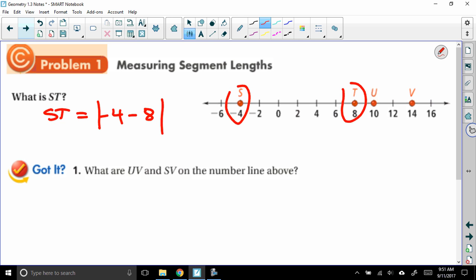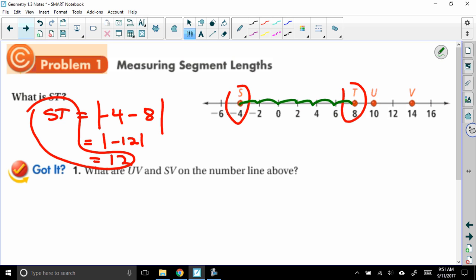So the absolute value of the difference between -4 and 8 would be the absolute value of -12, or 12. ST equals 12. And if you're not sure, you could always do it the old-fashioned way. 2, 4, 6, 8, 10, 12.